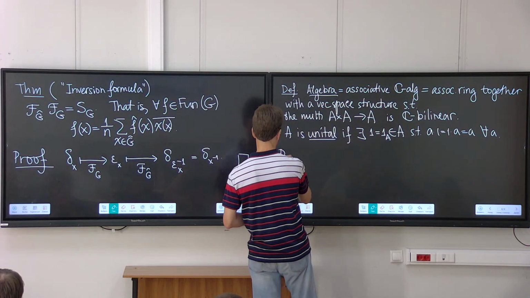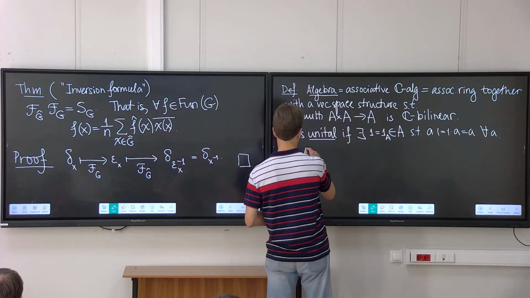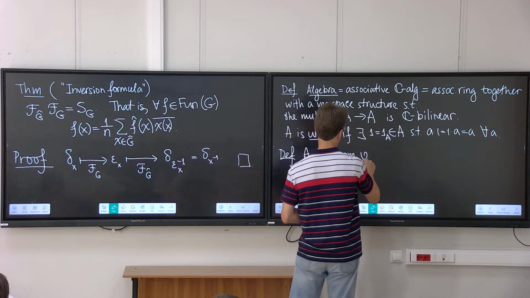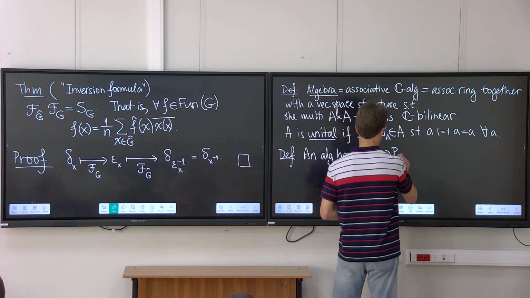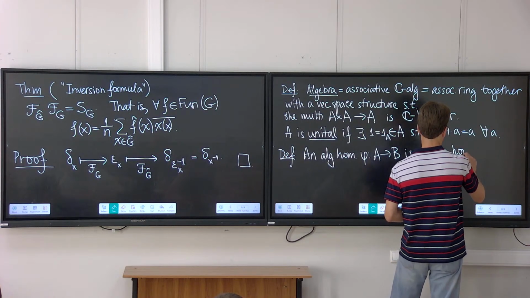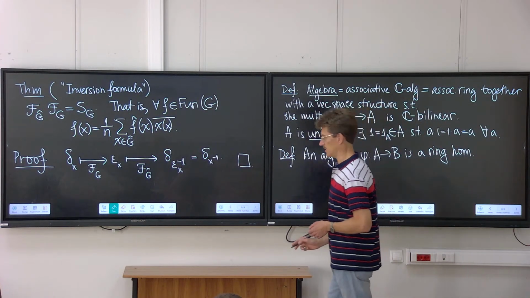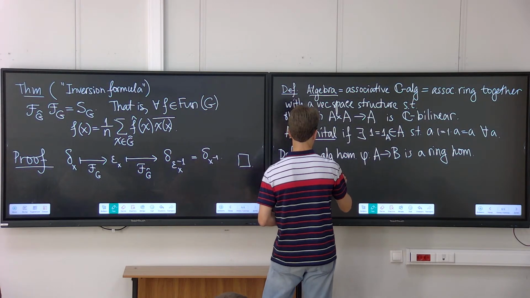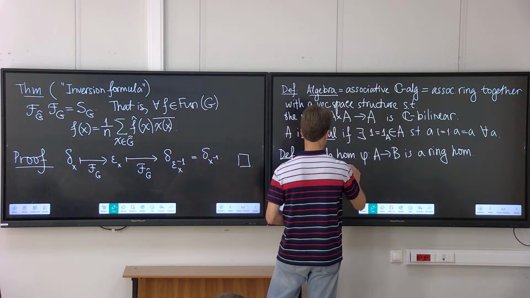If we have two algebras A and B, then an algebra homomorphism phi from A to B is a ring homomorphism which is a linear map, linear over the complex numbers.